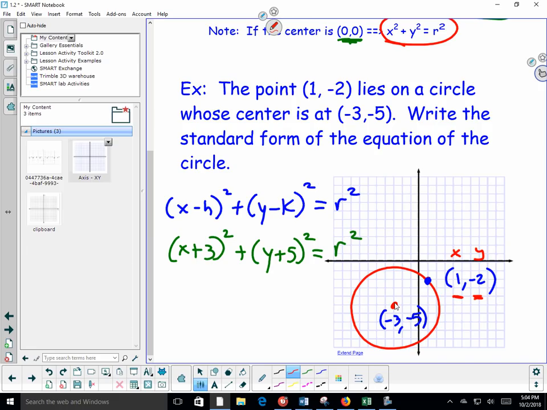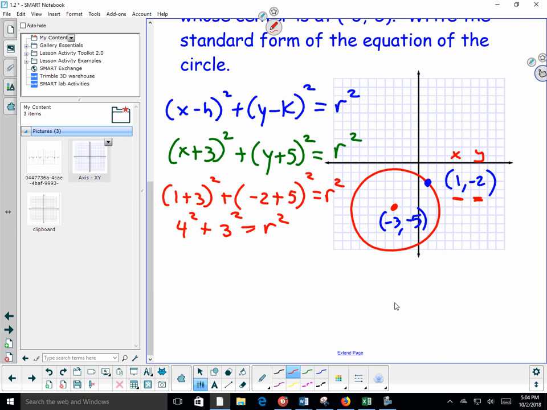So let's try that. That means I want 1 plus 3 quantity squared plus negative 2 plus 5 quantity squared equaling r squared. So I get 4 squared plus 3 squared equaling r squared. And so I get 16 plus 9 equals r squared. That's 25 equals r squared.